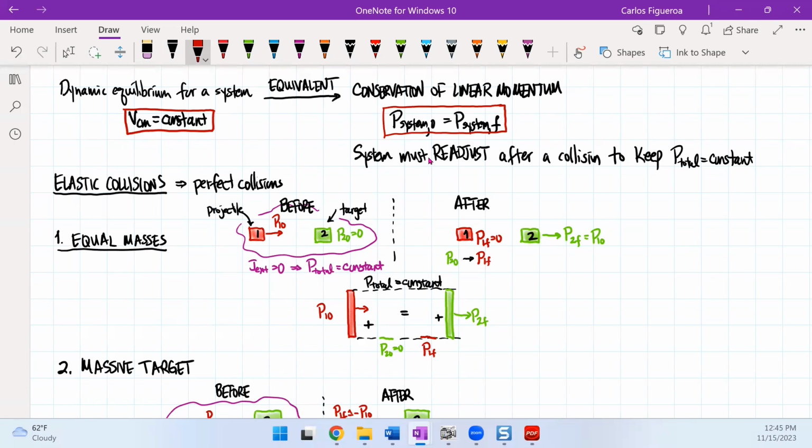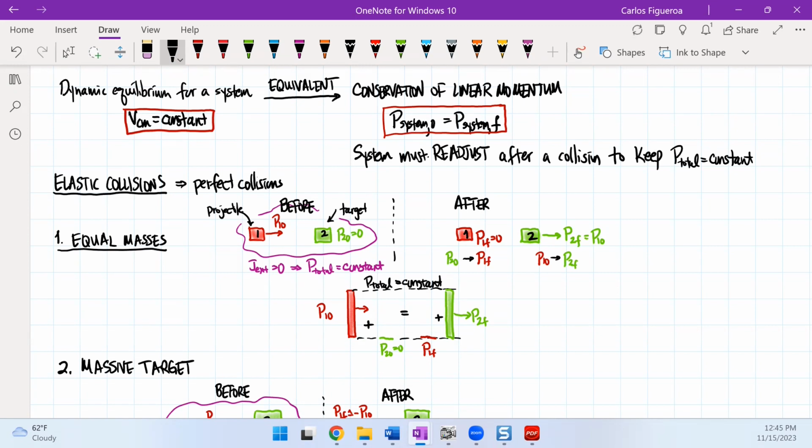And then what we saw here is that the momentum P1 initial got transferred to P2 final. And this is a big story for conservation of momentum. Not only does it pay attention to magnitude, it also pays attention to direction.